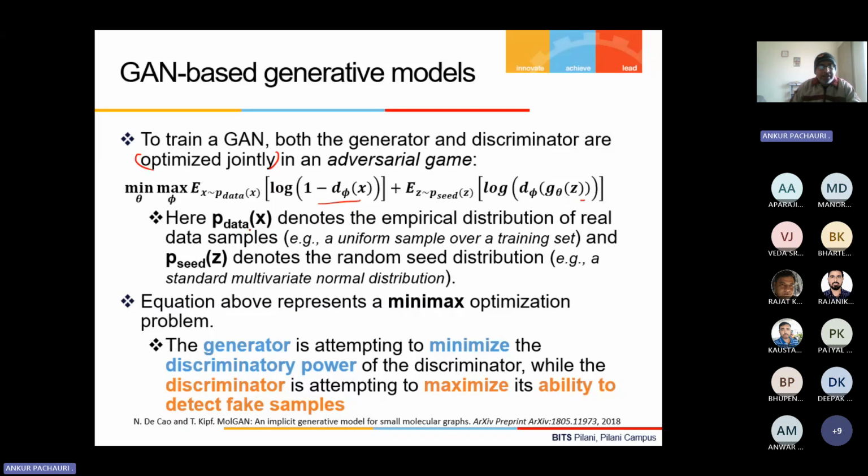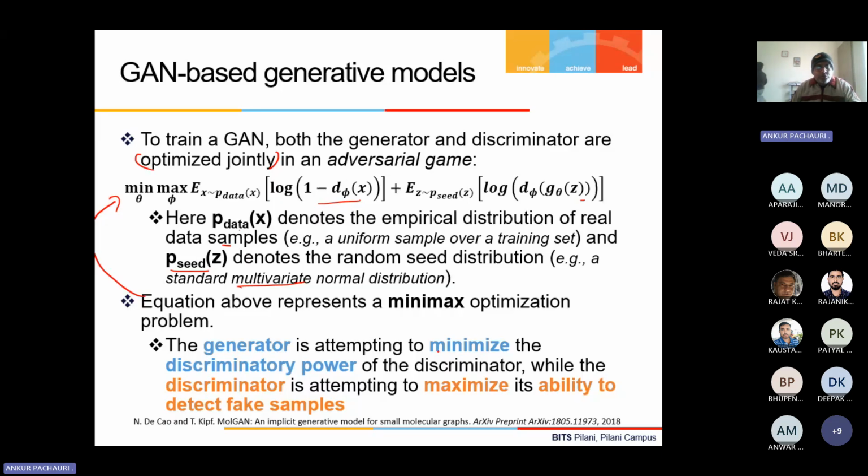So here p data denotes the empirical distribution of a real data sample, that is a uniform sample over the training set, and p seed denotes the random seed distribution, a standard multivariate normal distribution. Multivariate, where there are multiple variables. So this equation above is a min-max optimization.